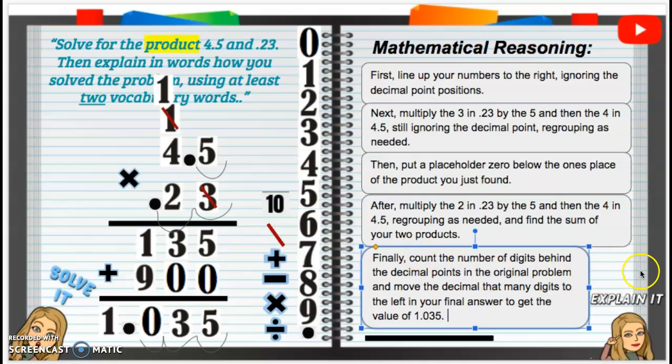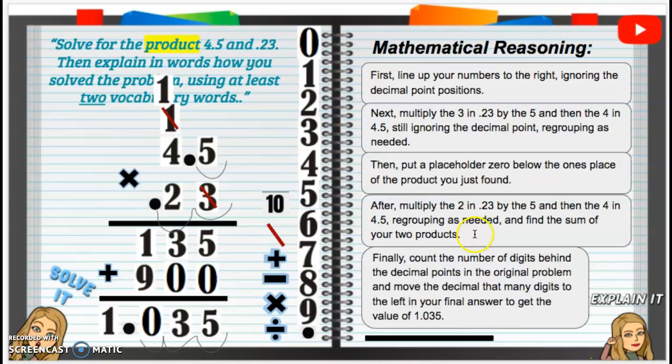All right, so let's read it all through. First, line up your numbers to the right, ignoring the decimal point positions. Next, multiply the 3 in 2300ths by the 5 and then the 4 in 4 and 5/10ths, still ignoring the decimal point, regrouping as needed. Then, put a placeholder 0 below the ones place of the product you just found.